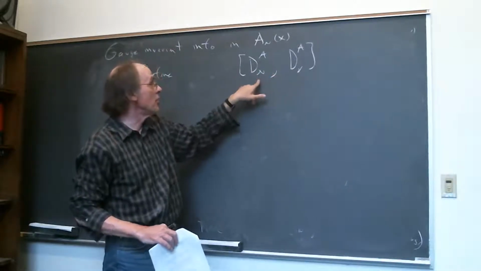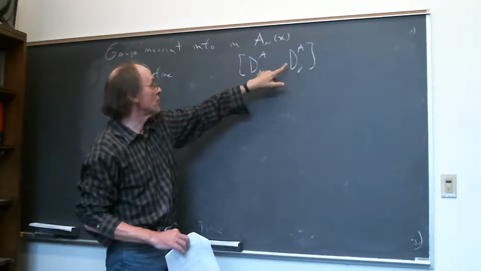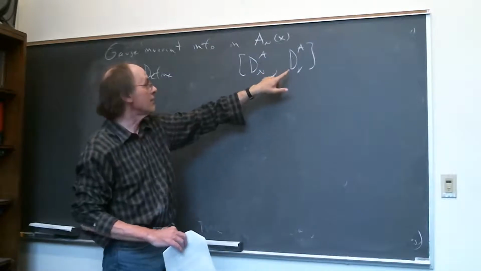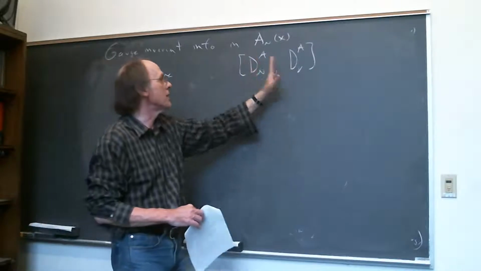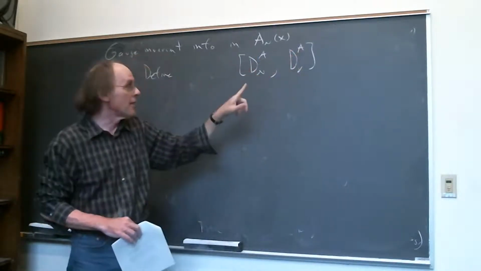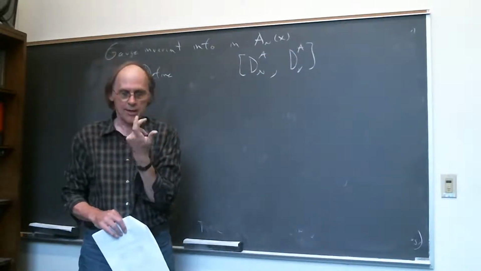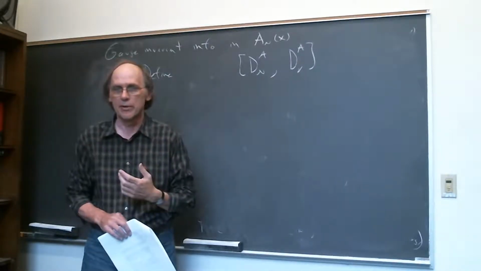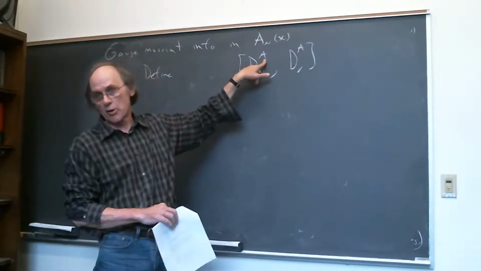If mu is equal to nu, this is just the usual commutator: you do this first, then this, and then you subtract where you do this first, and then this. And if mu is equal to nu, this is zero. And if A is equal to zero, then this is zero, because when you do two different derivatives in different directions, it doesn't matter which order you do them in. But the order does matter if you have a non-zero A.